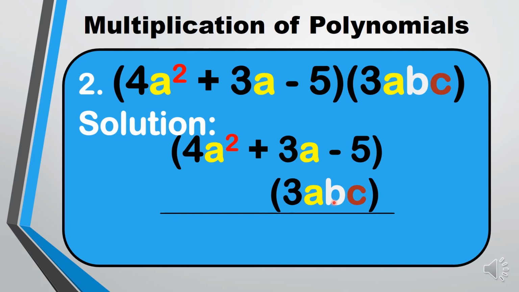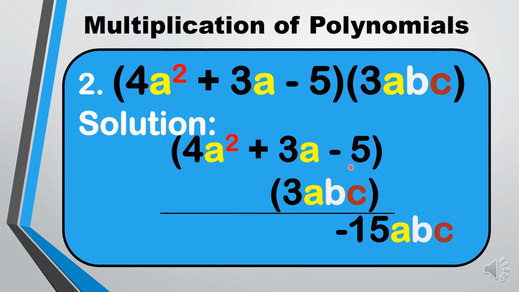Ngayon ay isa-isahin natin sila. 3abc multiplied to negative 5 is equal to negative 15abc. Bakit siya naging negative 15abc? Minultiply natin ang kanyang numerical coefficient na 3 at negative 5.